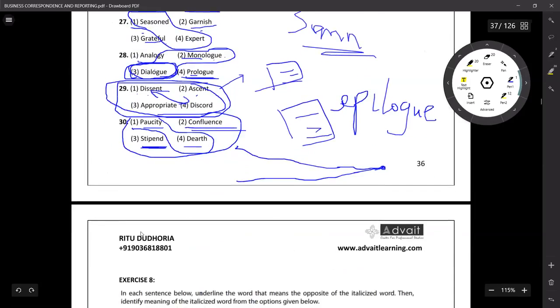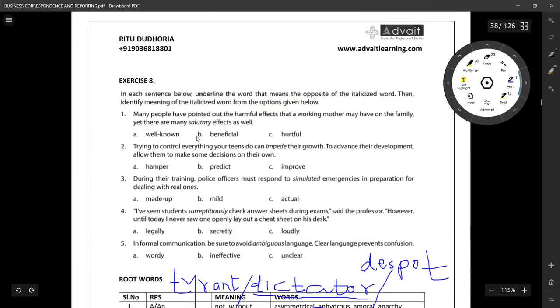Okay, come on. Right. Now, quickly, guys. Last homework area, exercise 8. Underline the word that means the opposite of the italicized word. So the sentence is given, so you can easily judge from the context. Okay, guys, so now you have to do a little more answering. Many people have pointed out the harmful effects. See the sentence, whether it's positive or negative.